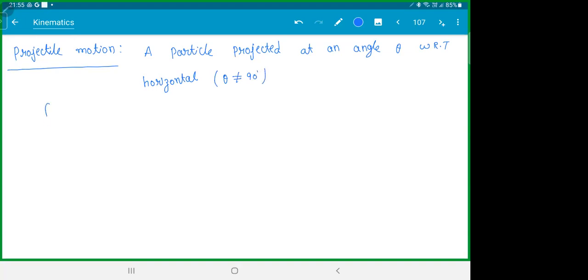So you can actually define it even more specifically. Basically, it's called a projectile, and the motion is called projectile motion.